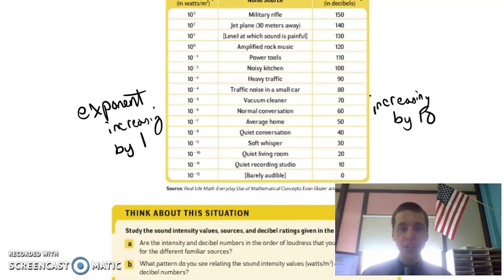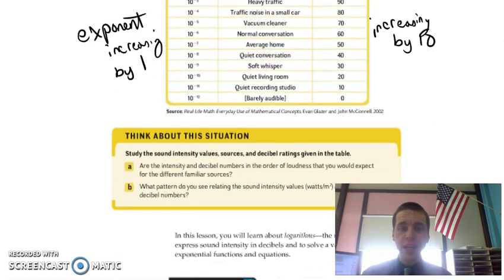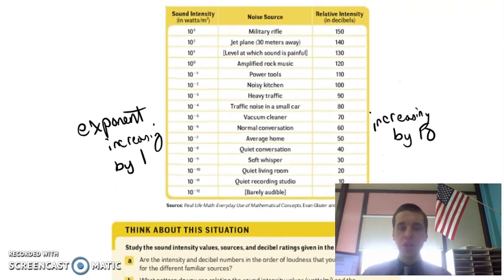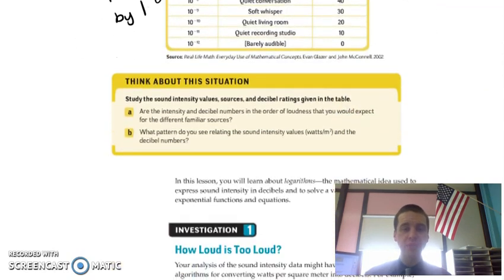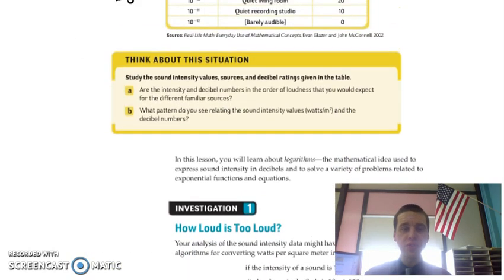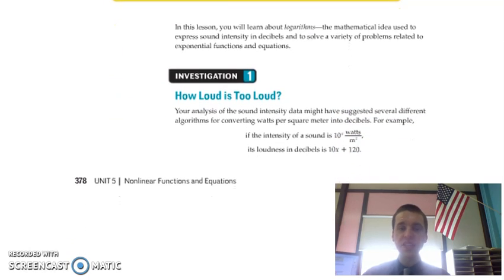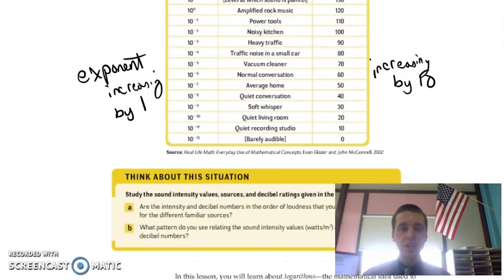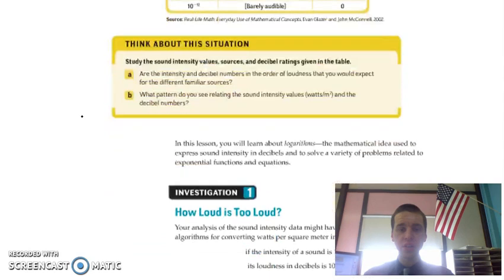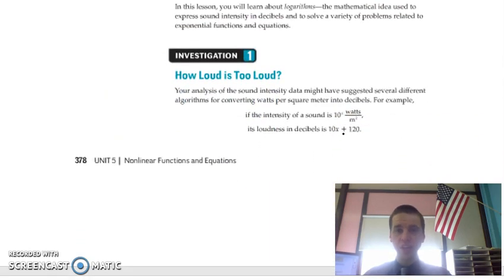by 1. And so the question now is, can you create an equation that will tell you intensity to decibels or decibels to intensity? So what I want you to do right now, and that's what this bottom question is talking about, can you create it? And actually they give it to you. You should have seen that when the exponent is 0, the decibels are 120. And so therefore, we have the starting value to be 120.